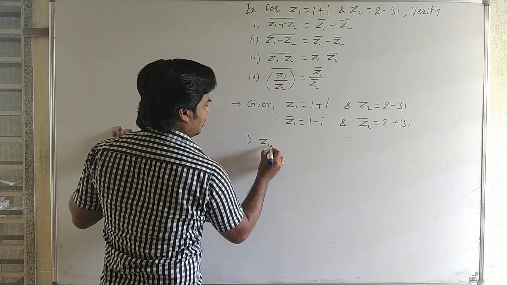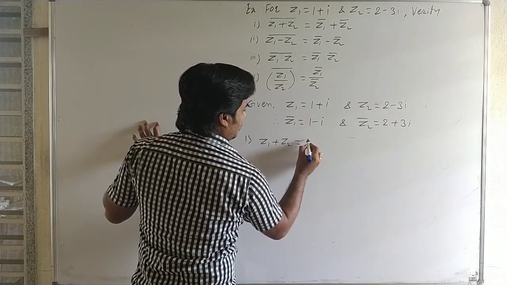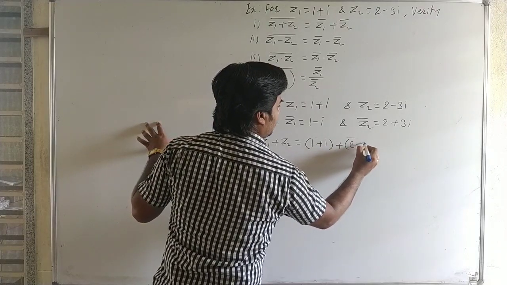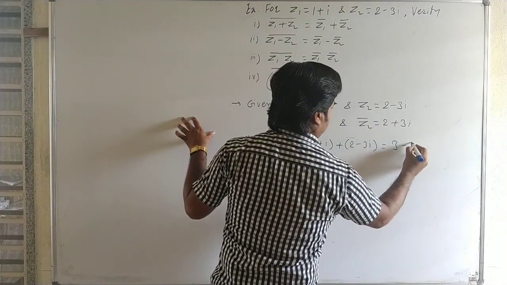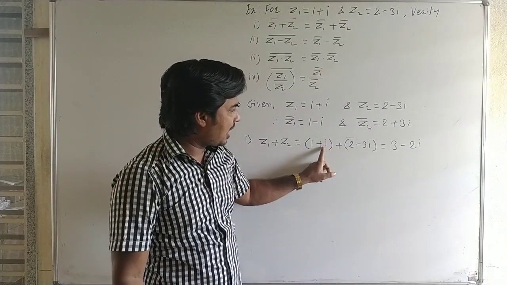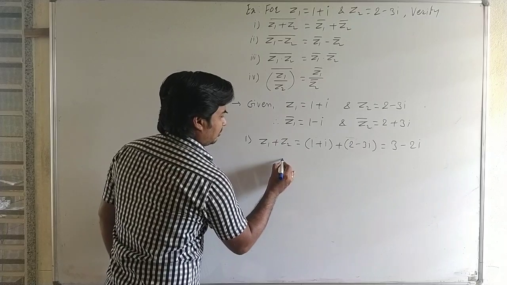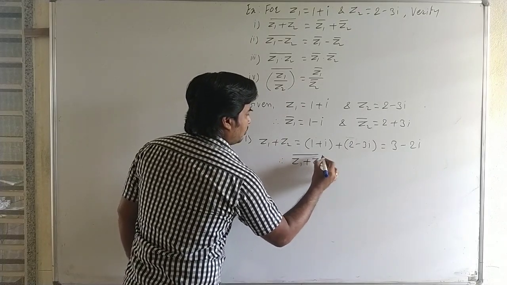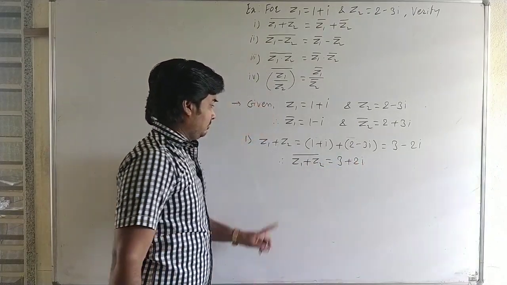Now first, z1 plus z2 is equal to 1 plus i plus 2 minus 3i, and that is equal to 3 minus 2i. 1 plus 2 is 3, and i minus 3i is minus 2i. It is z1 plus z2, and therefore the conjugate of z1 plus z2 is equal to 3 plus 2i.